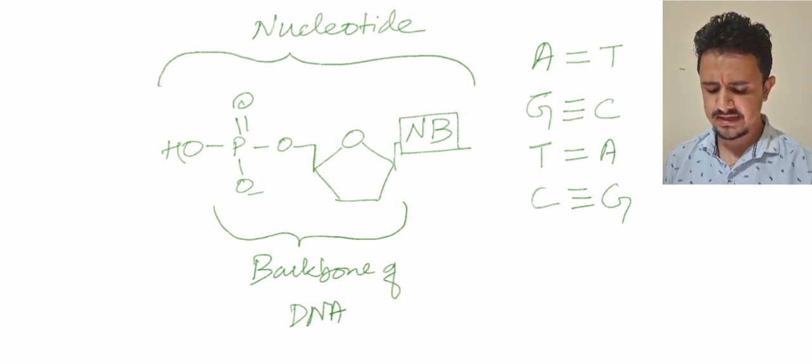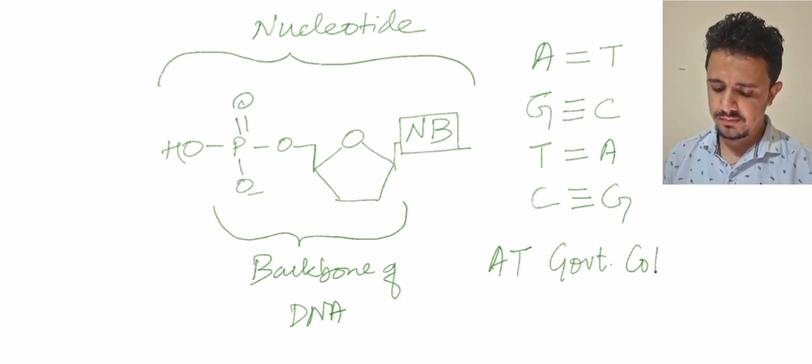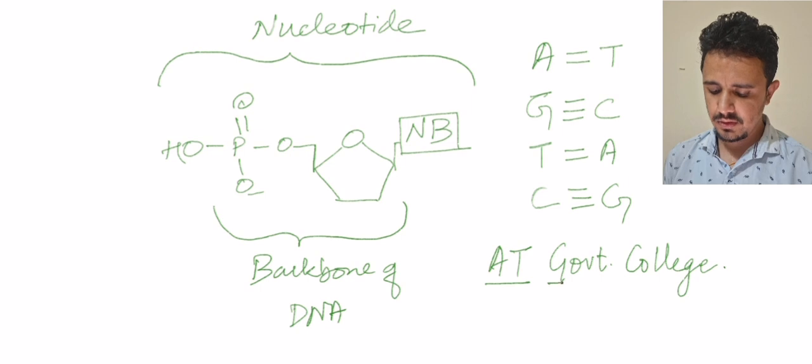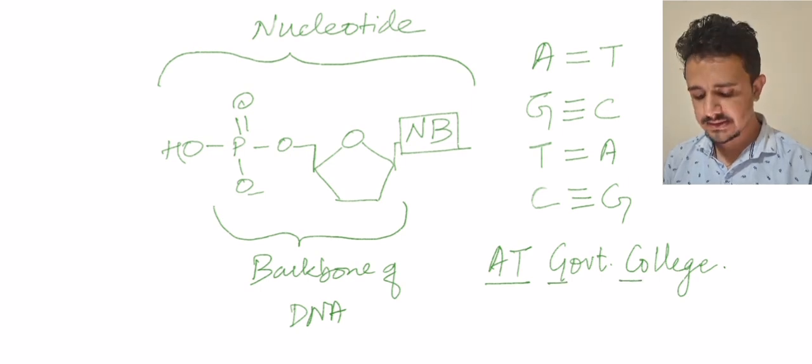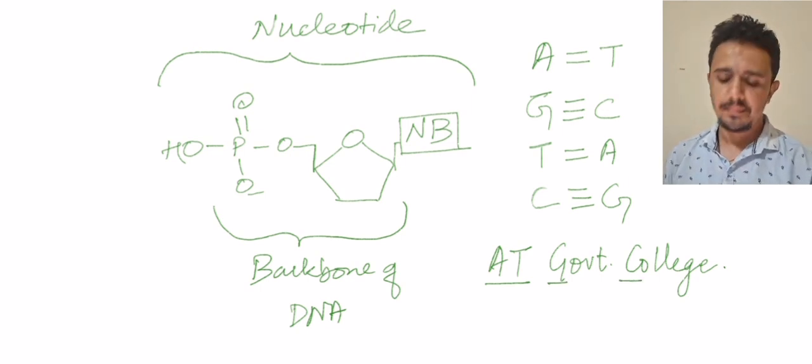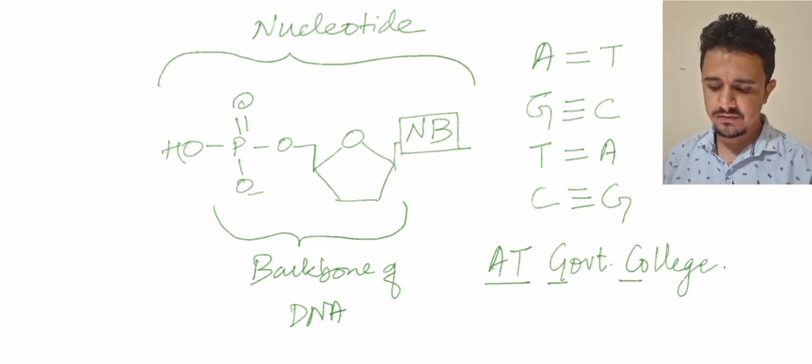You can just remember one sentence: At Government College. So AT means AT pairs, Government College means GC pairs. So this could be used for remembering the structure of DNA.